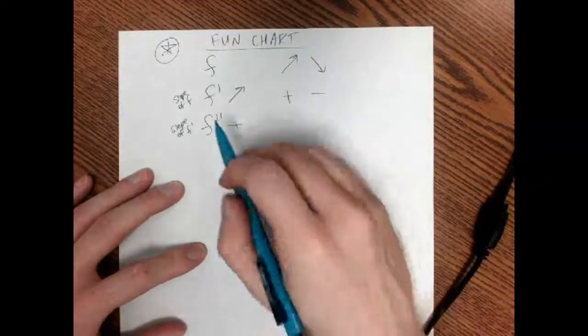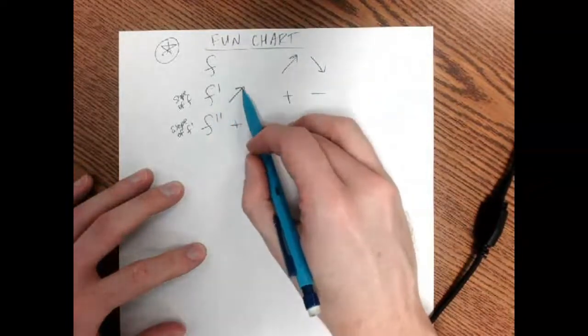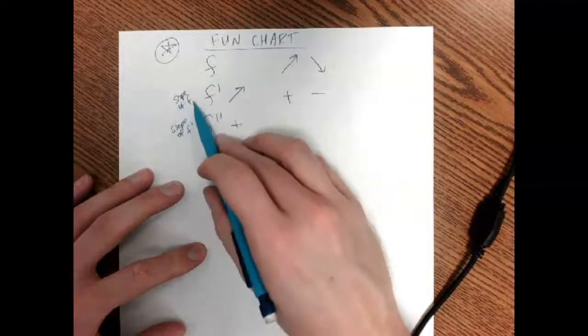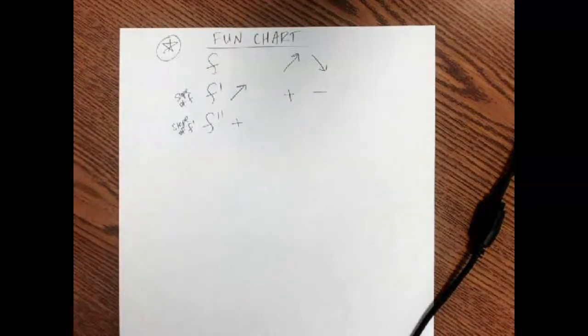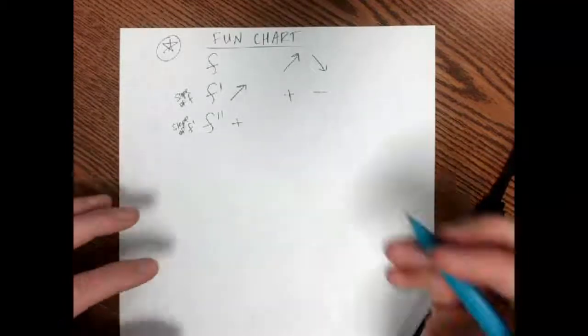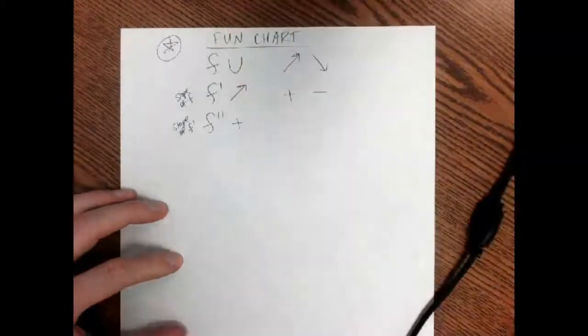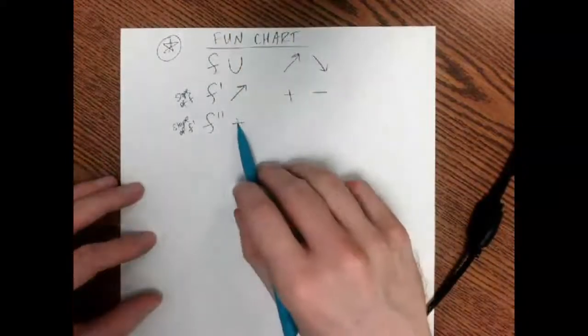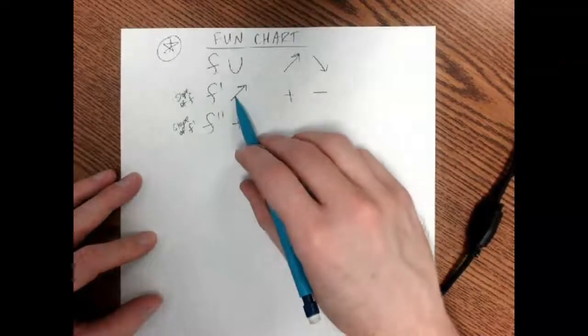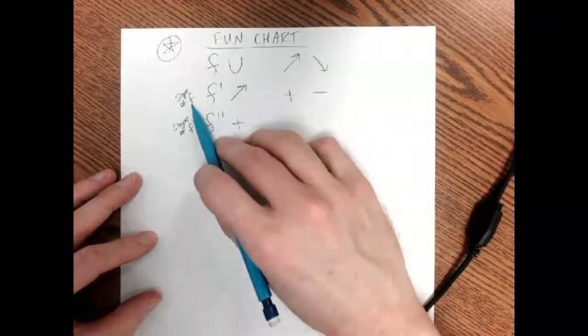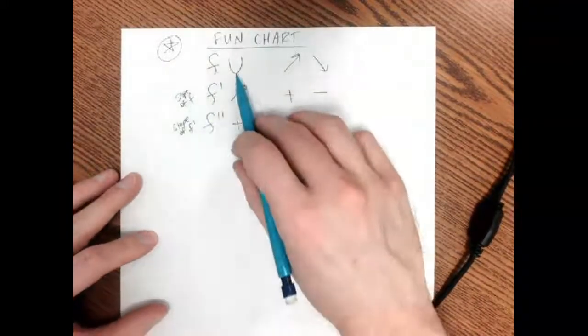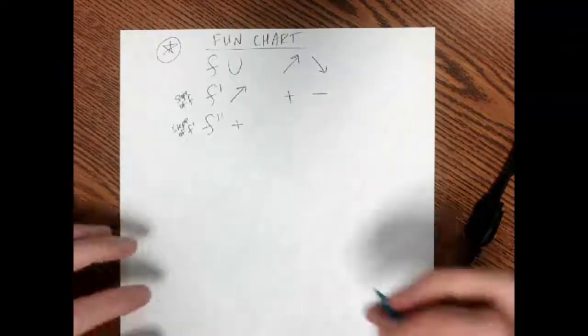And if f prime is increasing, that means the slopes of that original function are getting larger. And if the slopes of that function are getting larger, it's going to create this upward curvature to the graph, which we call concave up. So second derivative positive means your first derivative is increasing, which means the slopes for your original function are getting bigger, which means upward curvature, concave up.